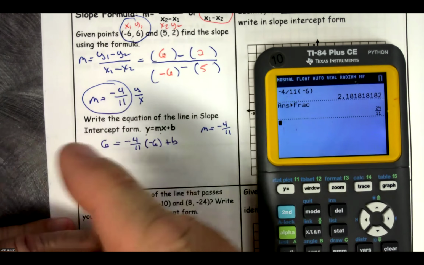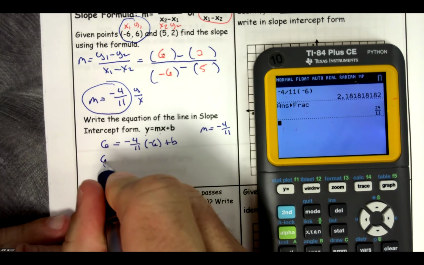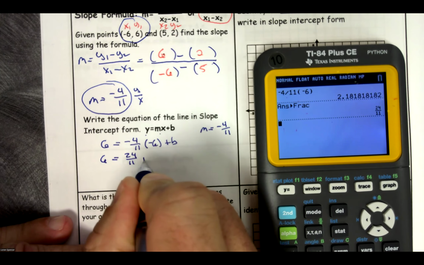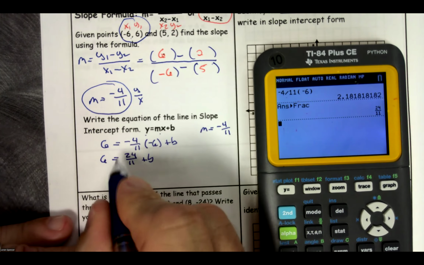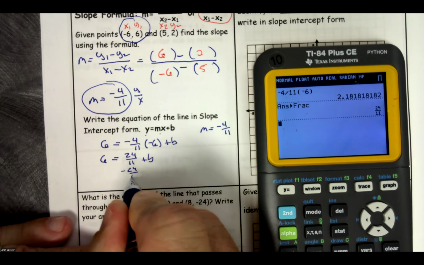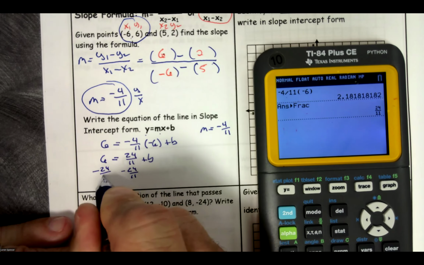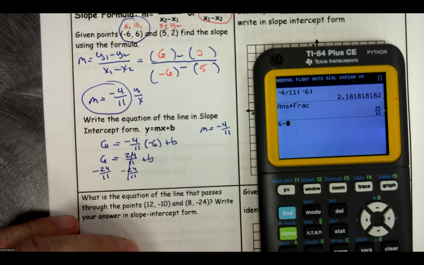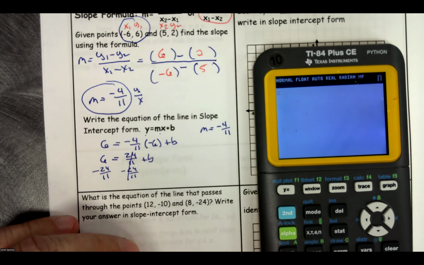So I have 6 equals 24/11 plus b. If I subtract 24/11 from both sides, I get my answer. So this will go away, and I'll have 6 minus 24 divided by 11.